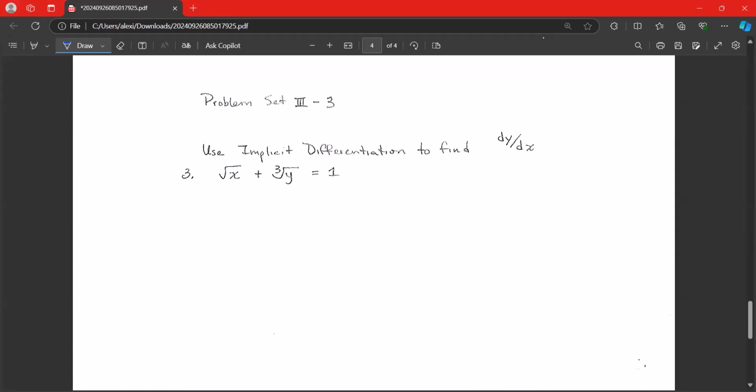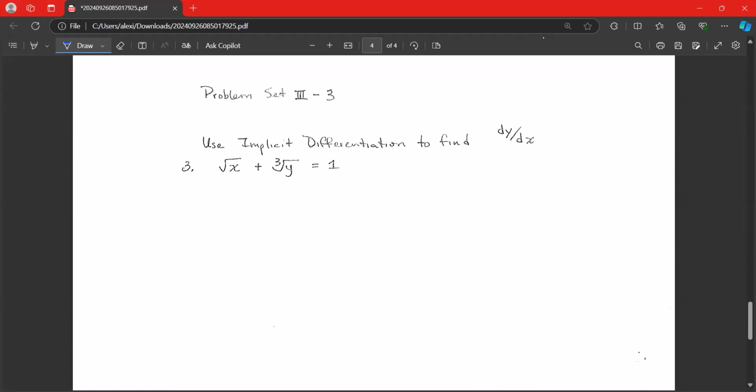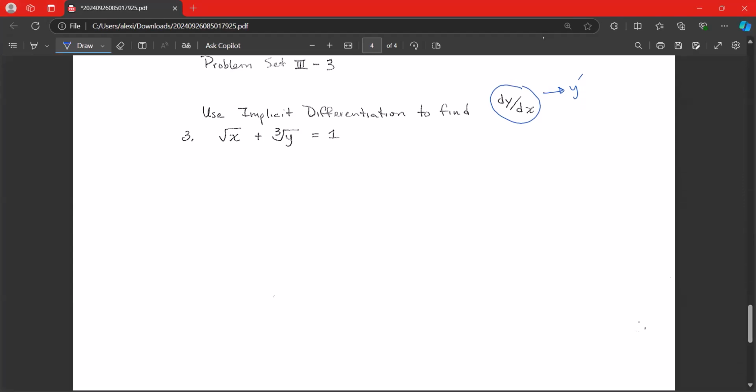All right, for problem set number 3, we're going to look at number 3. And again, we're looking for y prime. We're going to use implicit differentiation, so derivative on both sides, then solve for y prime. All right, so the derivative of square root of x is 1/2 x to the negative 1/2.